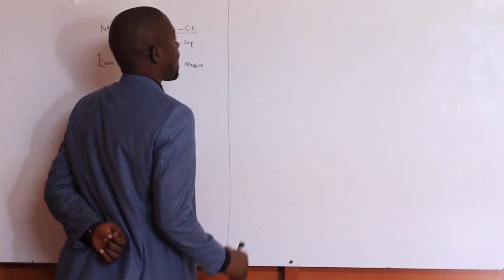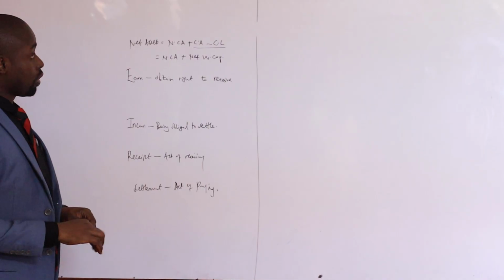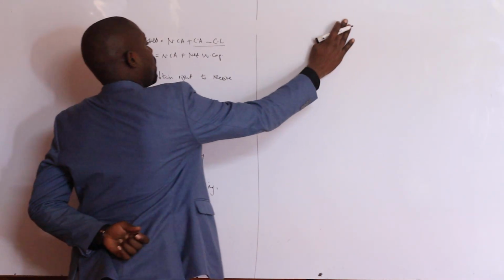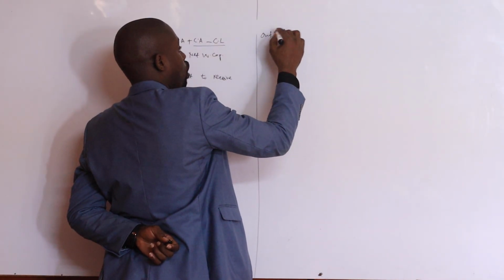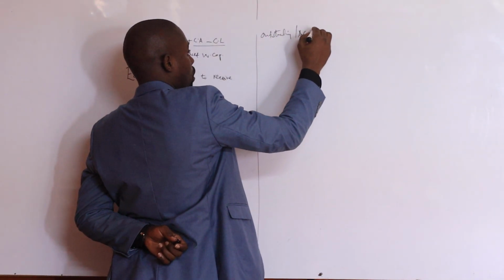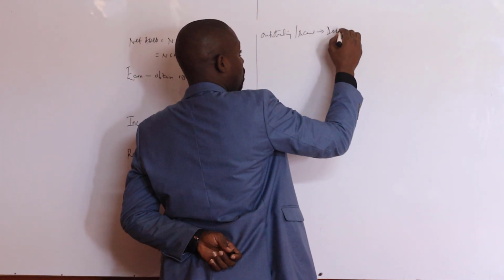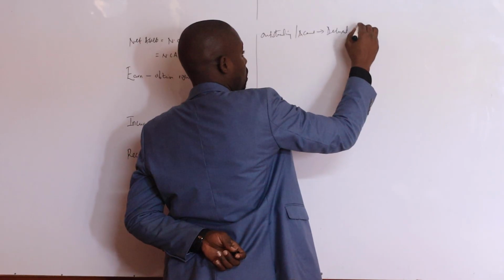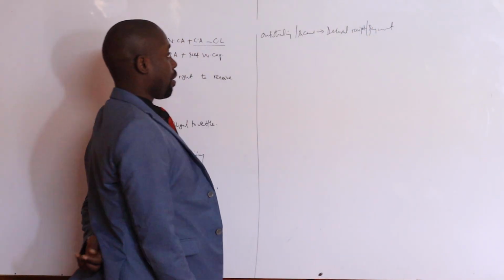So an accrued or outstanding income, outstanding or accrued, implies delayed receipt or payment. Now, there are two types.